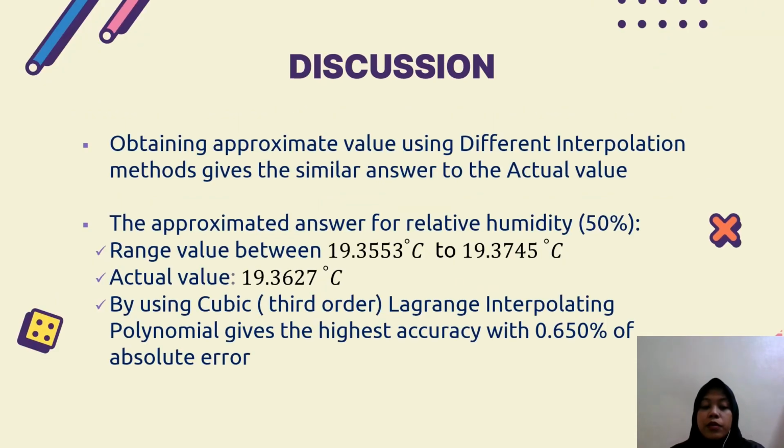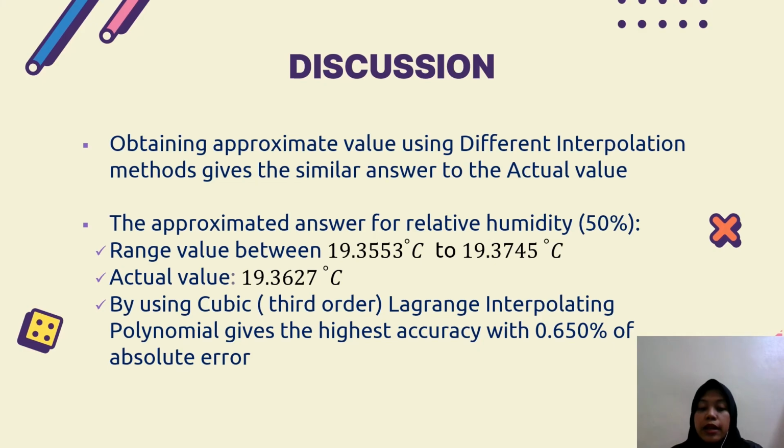From the results, we can see that the approximate values that we calculate using different interpolation methods give similar answers to the actual value. For example, for approximated temperature when humidity was 50%, the range of approximated answers was between 19.3553 degrees Celsius and 19.3745 degrees Celsius, compared to the actual value of 19.3627 degrees Celsius.